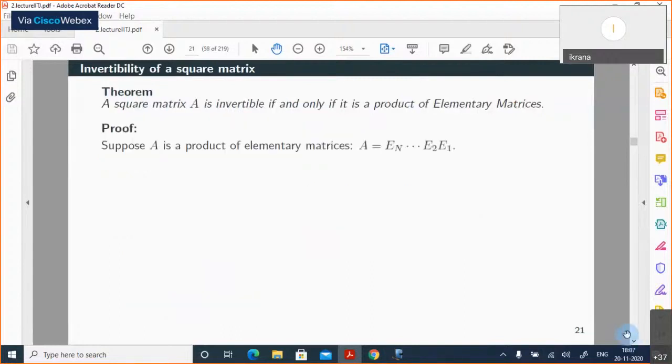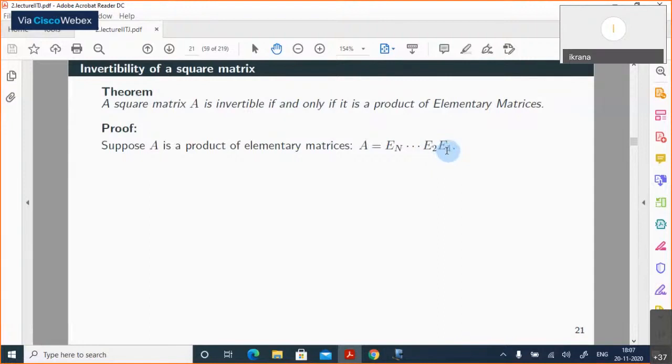So here is the important result from our point of view. A matrix A is invertible if and only if it is a product of elementary matrices. We want to prove this in two ways. If a matrix is a product of elementary matrices, we just observed each elementary matrix is invertible.